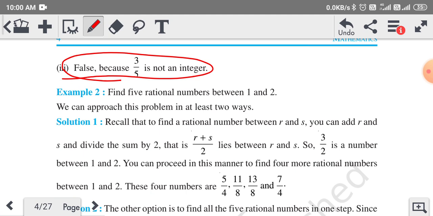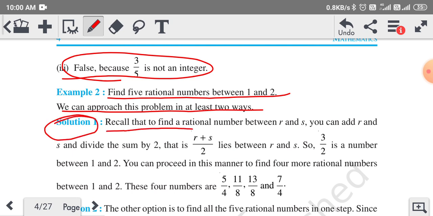Example 2: find 5 rational numbers between 1 and 2. We can approach this problem in at least 2 ways. Solution 1: recall that to find a rational number between r and s, you can add r and s and divide the sum by 2, that is, (r plus s) by 2 lies between r and s.